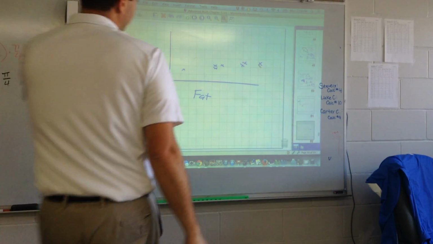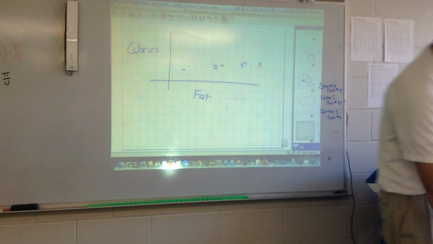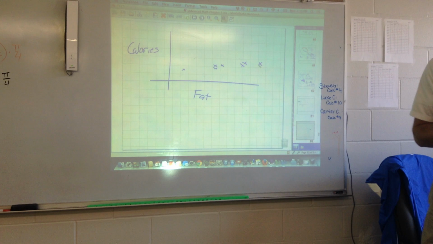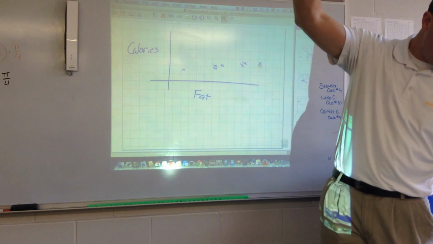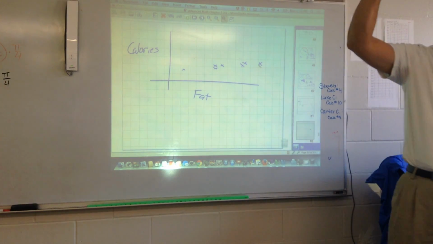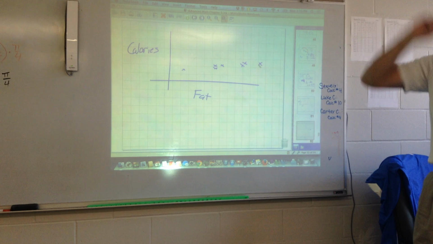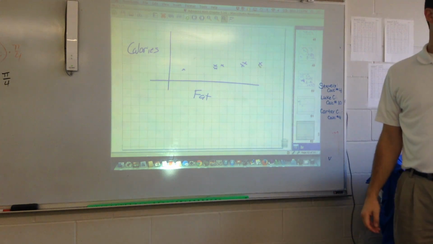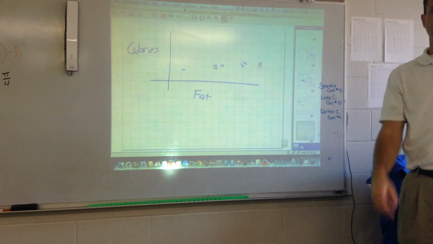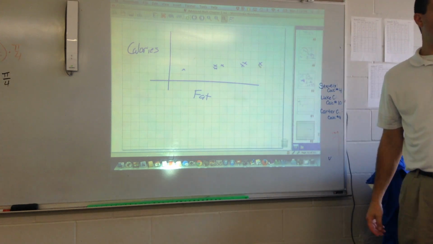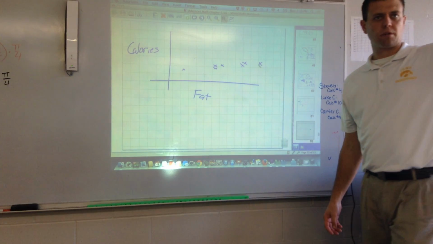So, you could agree that this does seem to have a little bit more of a linear relationship. If you had to describe it using the 4 things, how would your description go? Strong, positive, linear, no outliers.